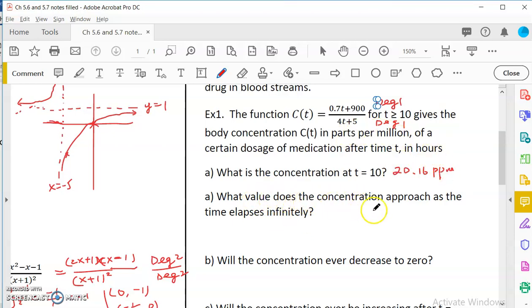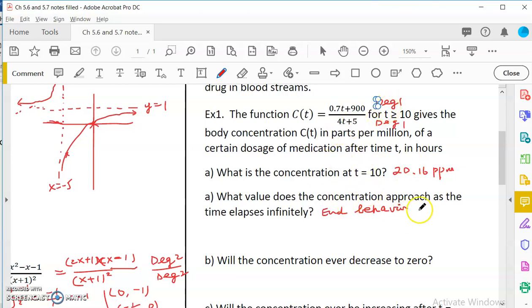What value does the concentration approach as the time elapses indefinitely? They're asking for the end behavior when t is greater than 10 and approaches infinity.